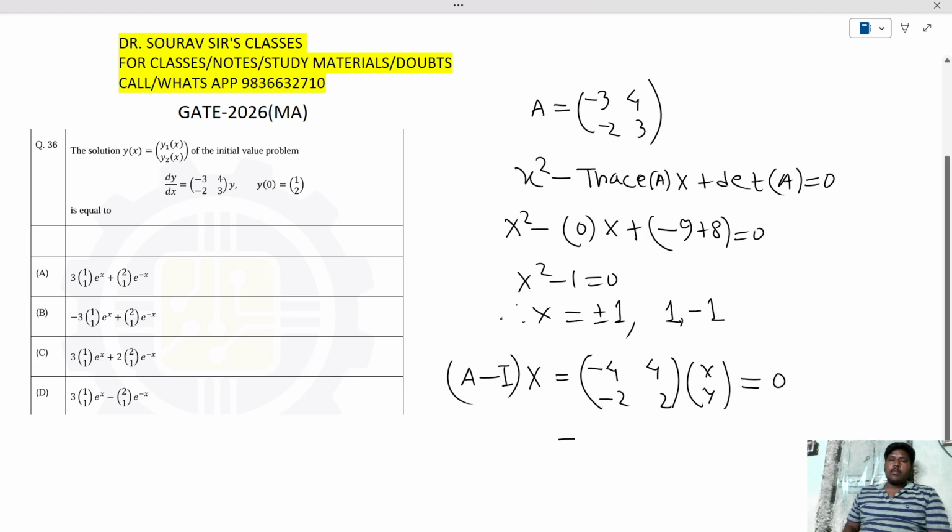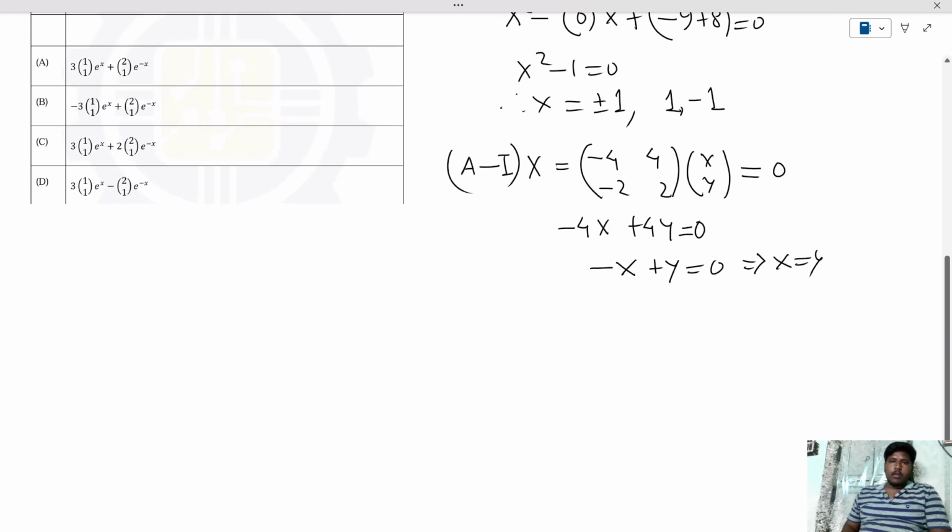So यहाँ से मिलेगा -4x plus 4y equals to 0 and -2x plus 2y equals to 0. So combinedly we get -x plus y equals to 0. That means x equals to y. So corresponding to the eigenvalue lambda equals to 1, for lambda equals to 1, the eigenvector is (1, 1).